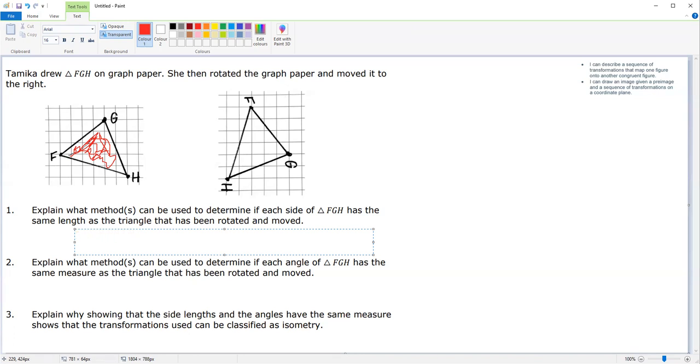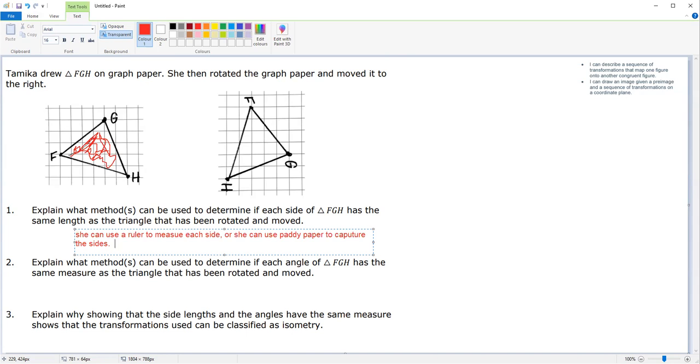All right, so she can use a ruler to measure each side, or she can use patty paper to capture each image, the sides.